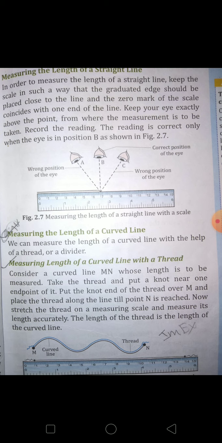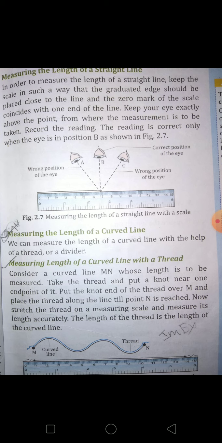Then keep your eye exactly above the point from where the measurement is to be taken. Here you can see three eye positions are given. The middle one is the correct position of the eye. You have to look at the line that is in front and in line from where you will measure it. But the positions A and C are wrong positions of the eye.